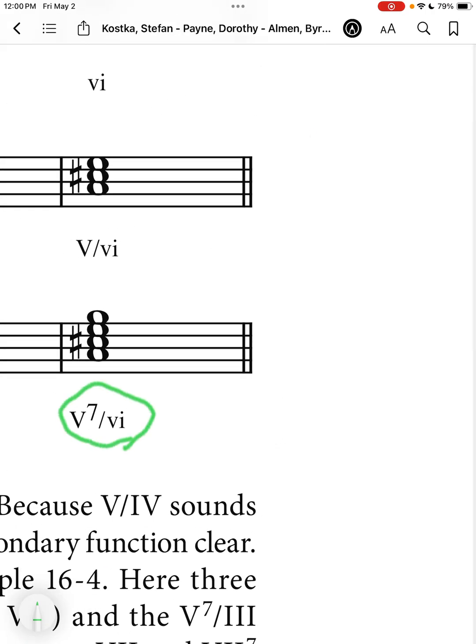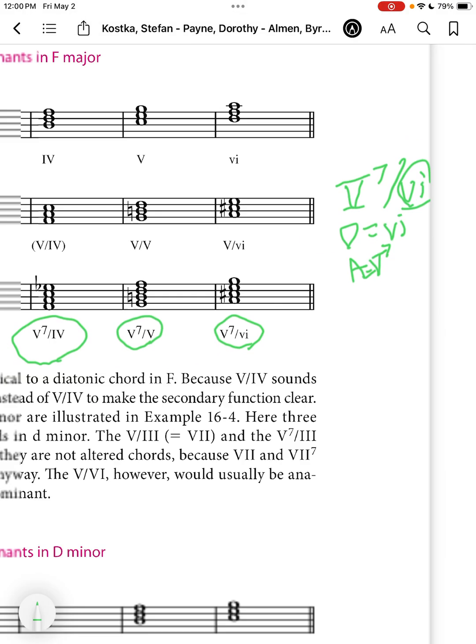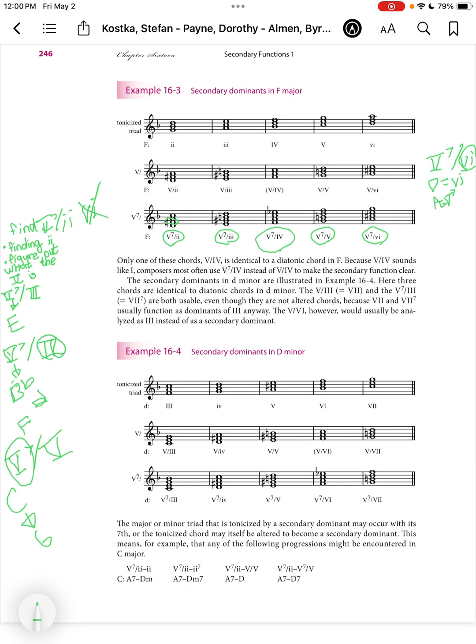Everything you do is the same step. You find the 6 of F, which should be a D. That's the 6. And the 5 7 on that one is going to be an A. So that's how it explains it.